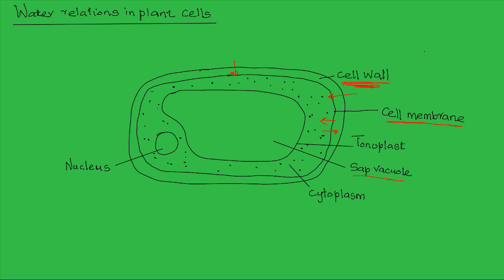This is the process by which plant cells lose water, shrink, and become flaccid, with the cell membrane detaching from the cell wall.